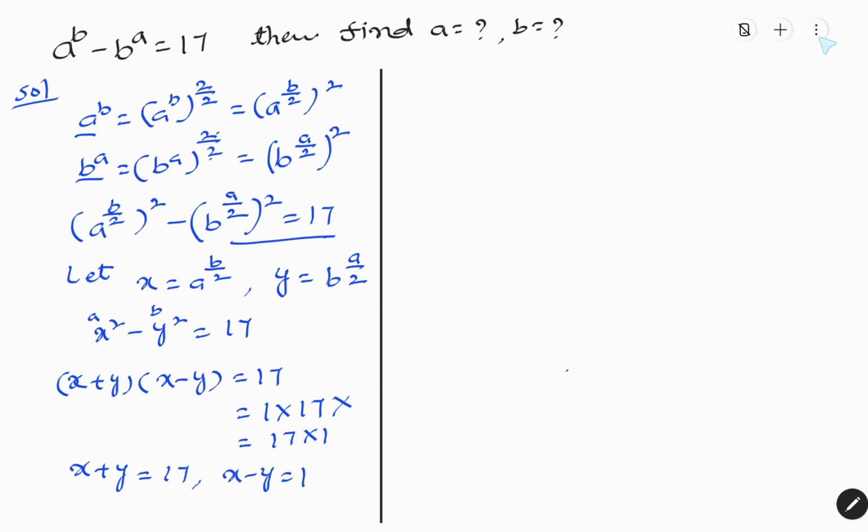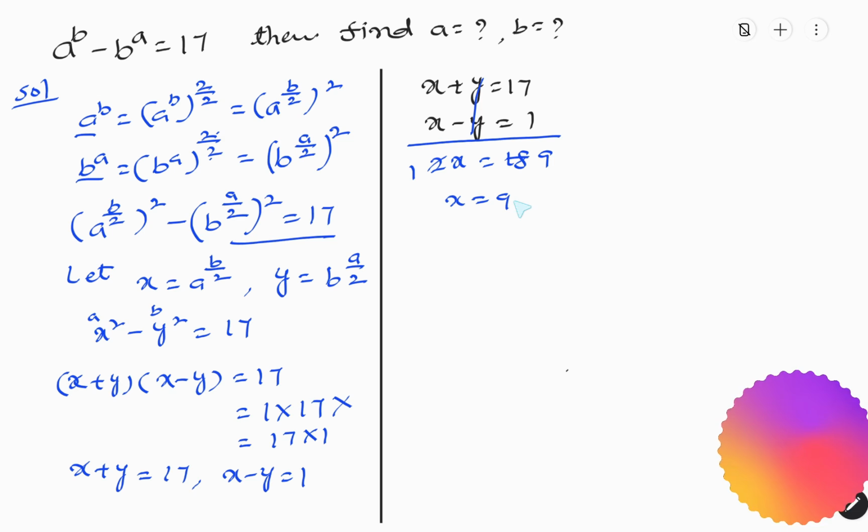Here x plus y is equal to 17, x minus y is equal to 1. Here y and minus y cancel, so x plus x, 2x is equal to 17 plus 1, 18. Now cancel 2: 2 ones are 2, 2 nines are 18, x is equal to 9.